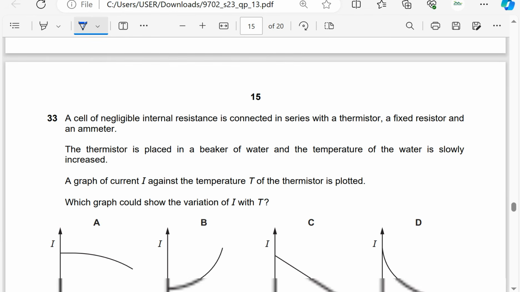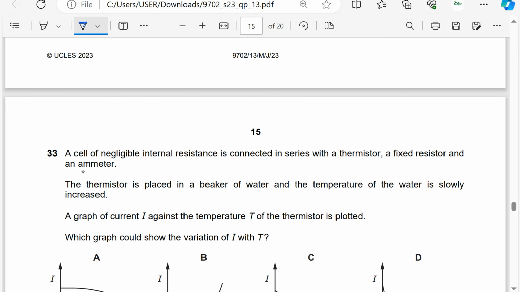A cell of negligible internal resistance is connected in series with a thermistor, a fixed resistor, and an ammeter. The thermistor is placed in a beaker of water and the temperature of the water is slowly increased. So temperature is increased, the resistance of the thermistor decreases. I will sketch something here for the circuit.